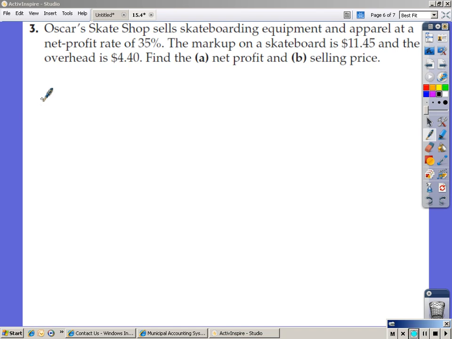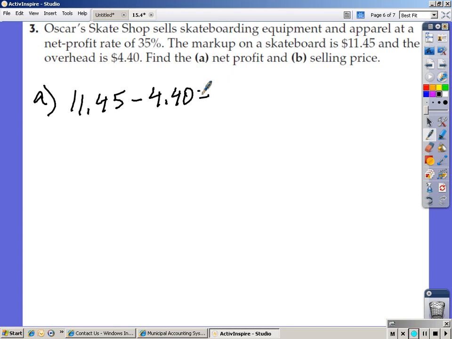Okay, so for part A, take $11.45 minus $4.40. Plug that into your calculator, and you should get $7.45, or I'm sorry, $7.05 for your net profit.